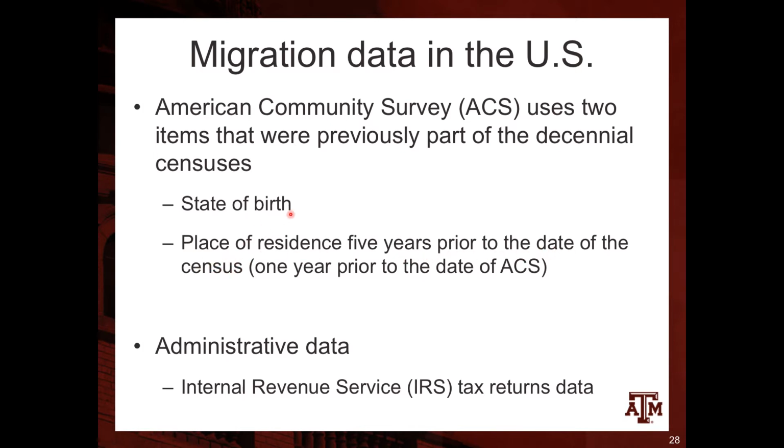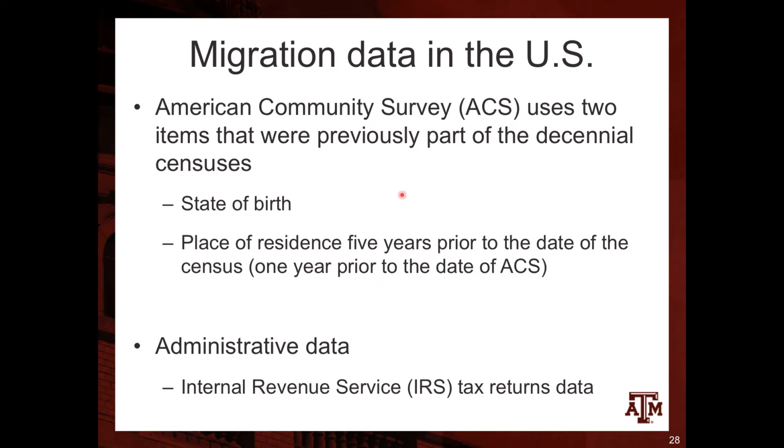But then, starting in 2005, the American Community Survey asked also state of birth, but place of residence 1 year prior to the date of the American Community Survey.